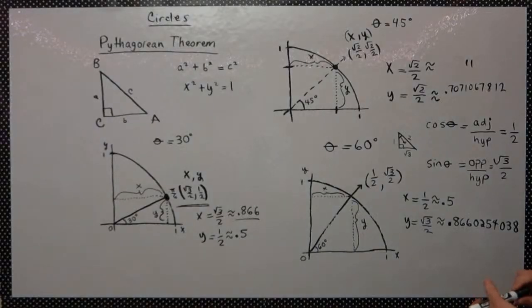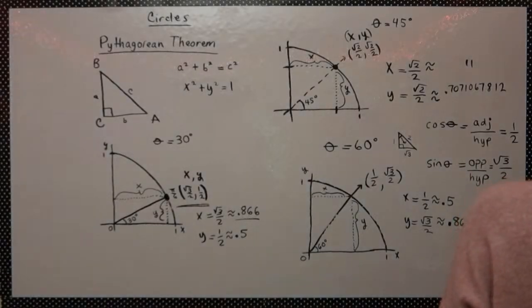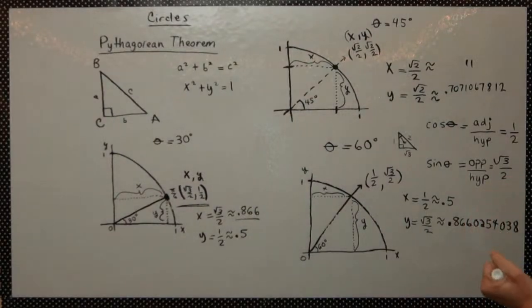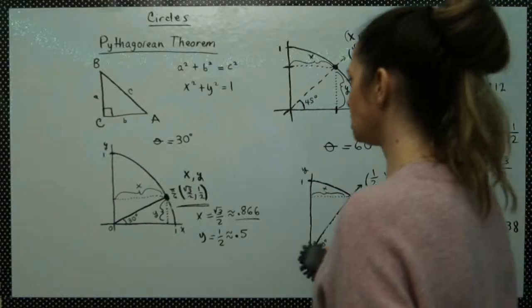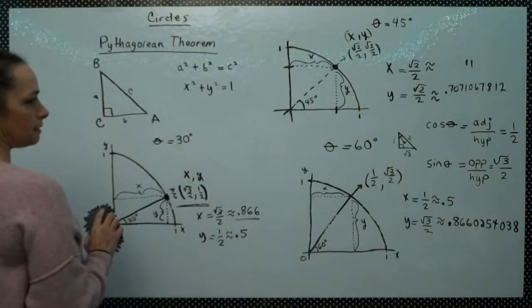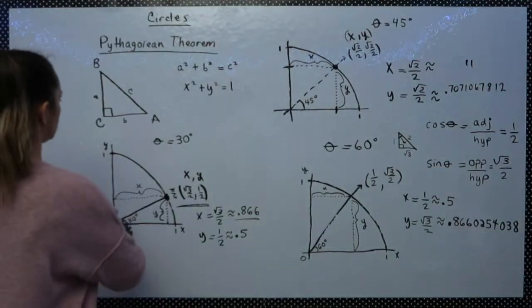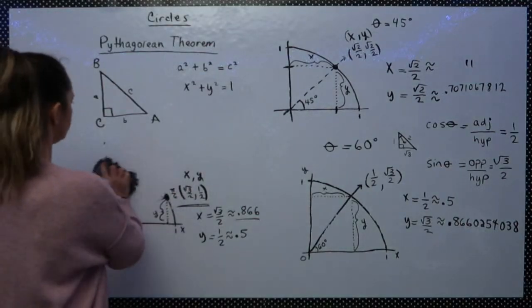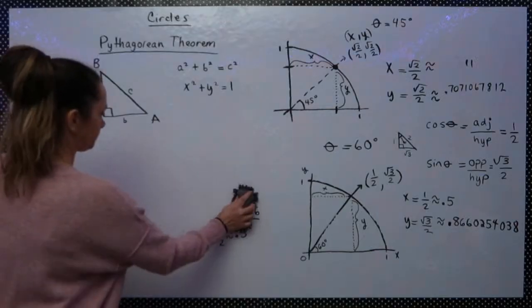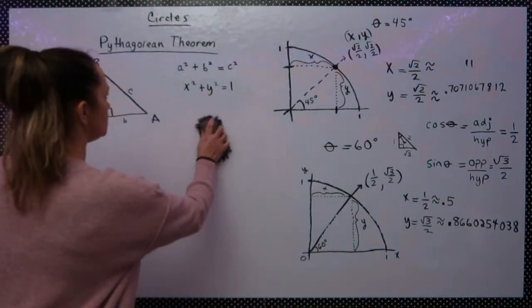So I might go ahead and start there and just talk about it in relationship specifically to the special right triangles. But I'm going to go ahead and erase, and I'll leave the Pythagorean up. We're going to be using that a little bit.